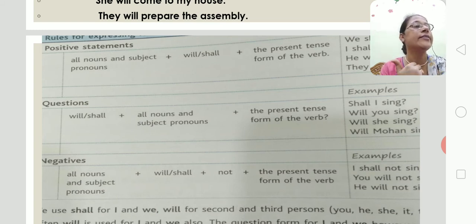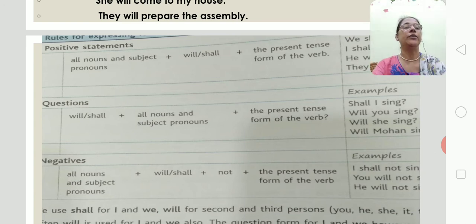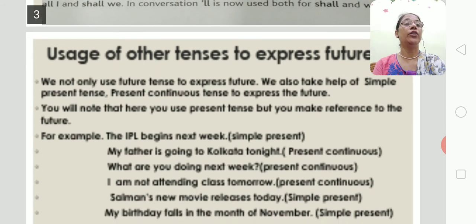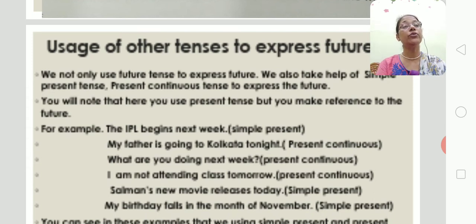Now, in this lesson, we are going to learn something more than this. Let me show you. Now, what have I written in the heading? Usage of other tenses to express future. That means we can use other tenses also to express future.